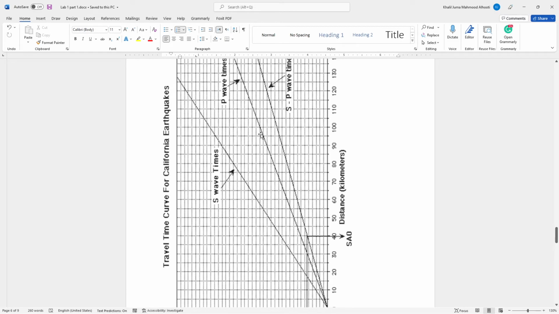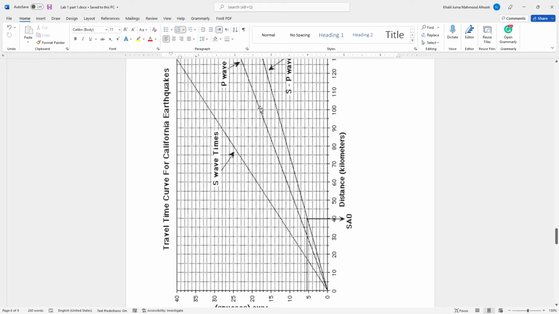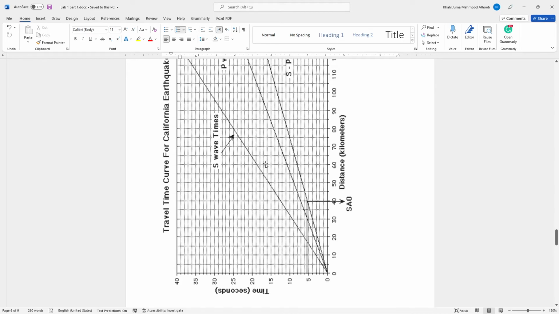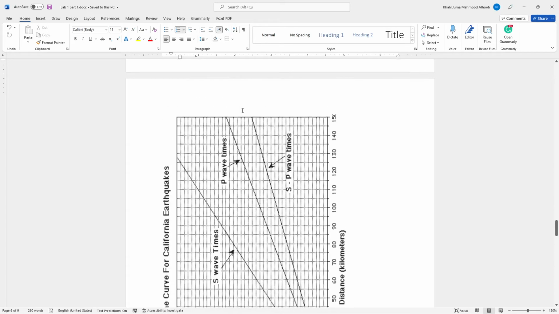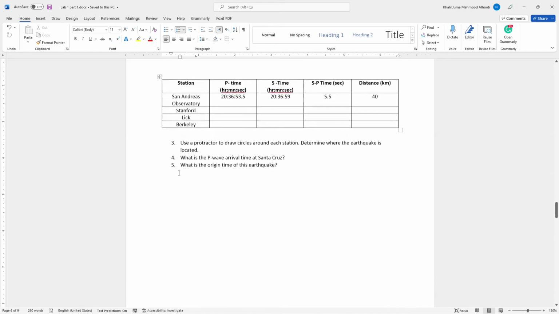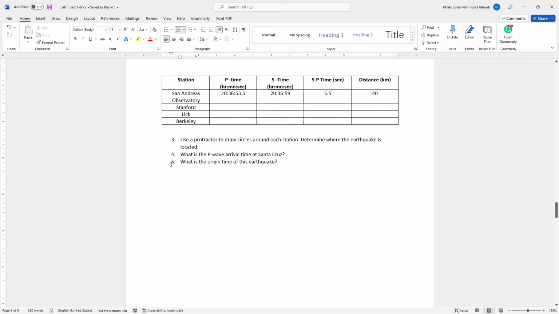Then try to connect this line with the y-axis. Draw it straight till it touches the y-axis. The point at which it crosses the y-axis, that's the P wave time. Assuming that you are joining it with this line, P wave time. So that's for which question? Question number 4. What is the origin time?